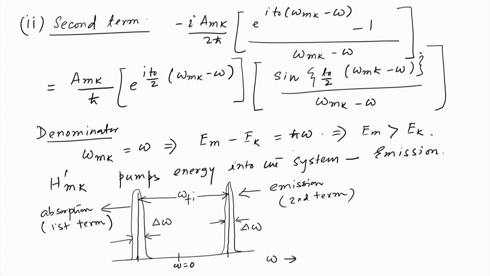and delta omega here as well. The two lines are separated by twice omega fi. As the figure is drawn, it is very clear that we need to consider one line at a time in the limit that delta omega is much smaller than 2 omega fi.